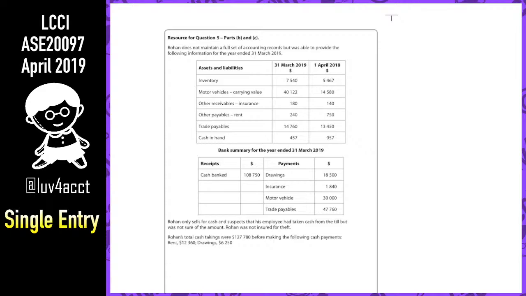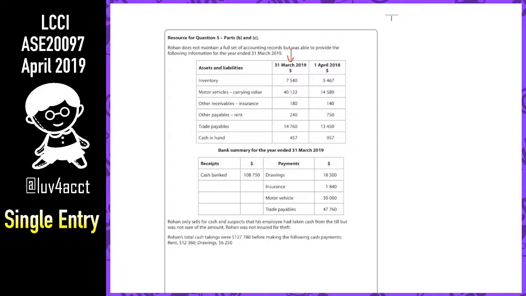Rohan does not maintain full sets of accounting record, but was able to provide the following information for the year ended 31st March year 2019. Again, be careful because year 2019 is here.